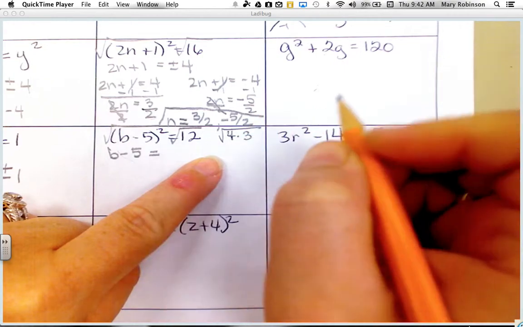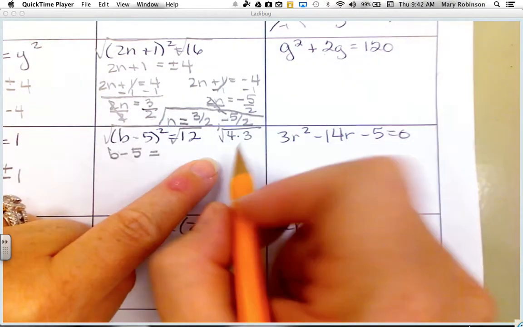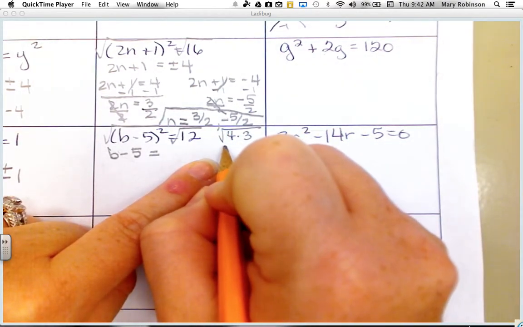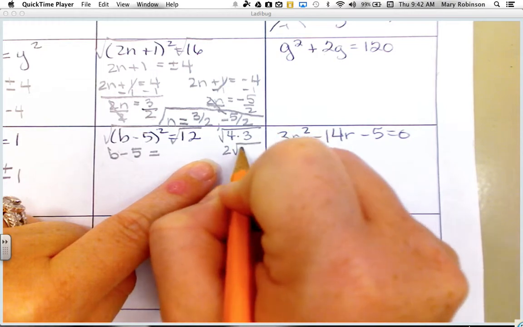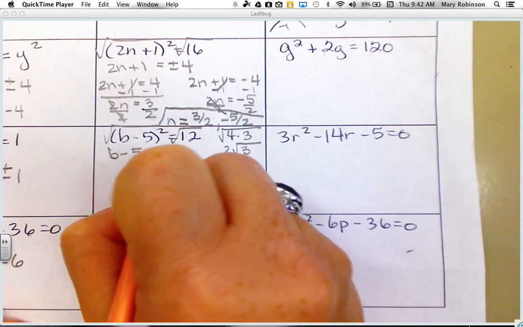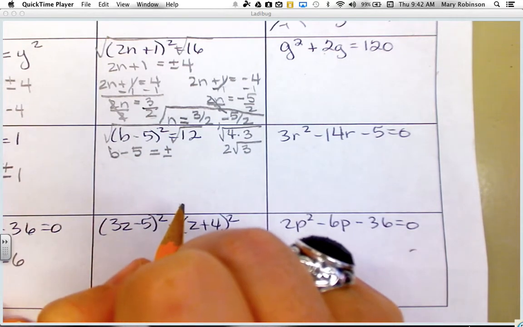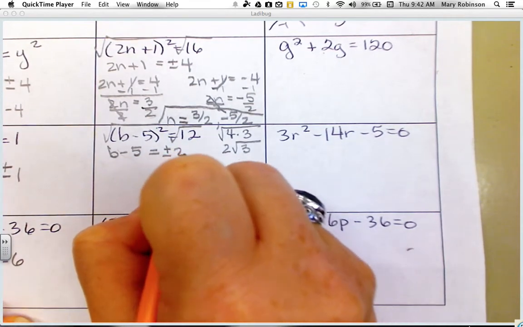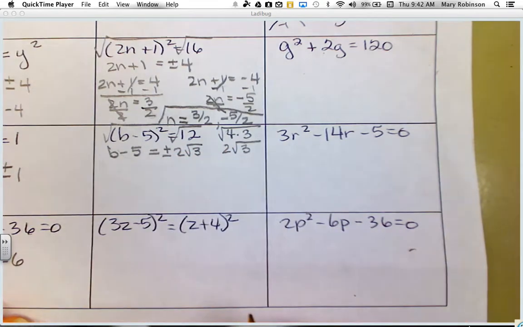So if it's 3 and 4, and we take the square root of 4, the square root of 4 is 2. So y'all agree that's 2 square roots of 3? All right. So we have positive or negative, plus or minus there, 2 square roots of 3.